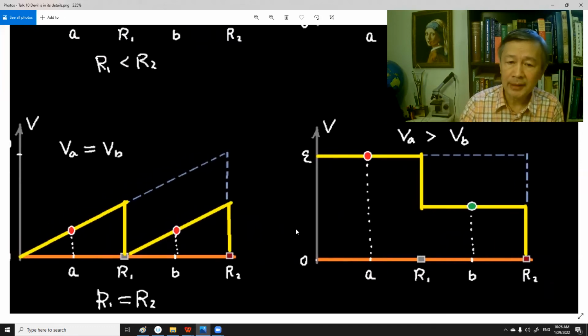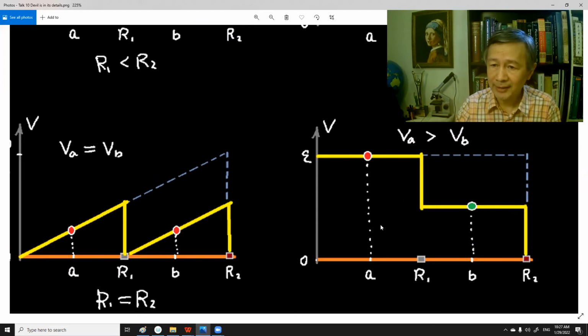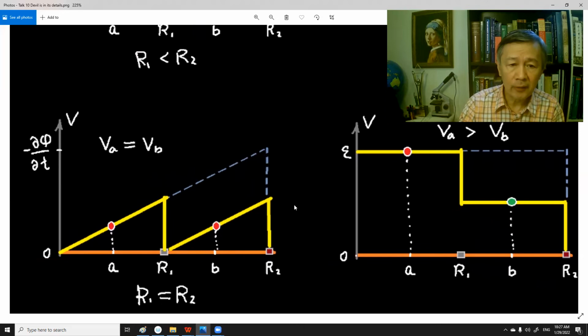Again, in the battery-driven circuit, the potential at A is still higher than the potential at B. However, in the circular loop, in this particular case, the electrical potentials at points A and B are identical.